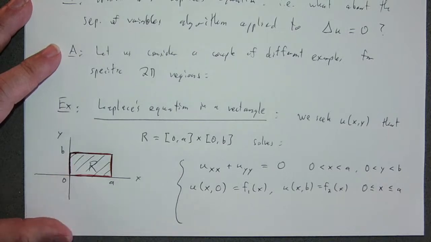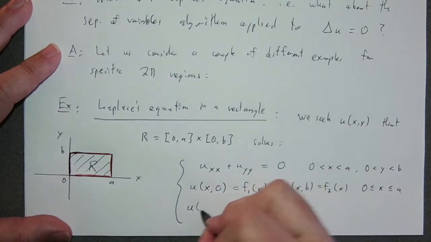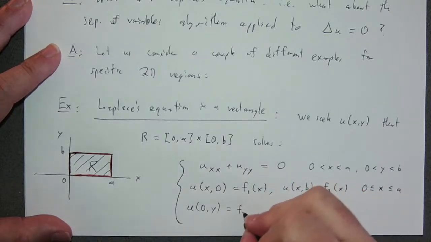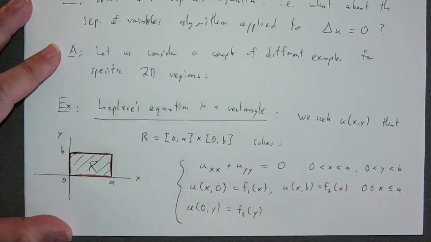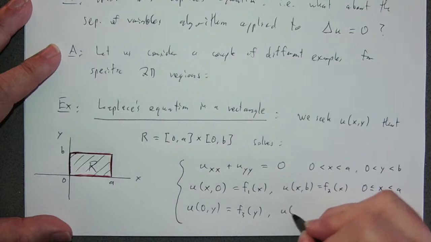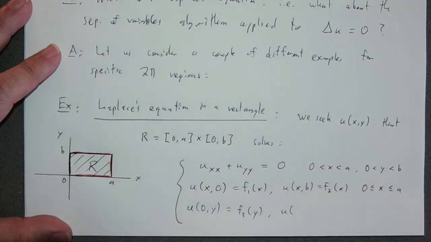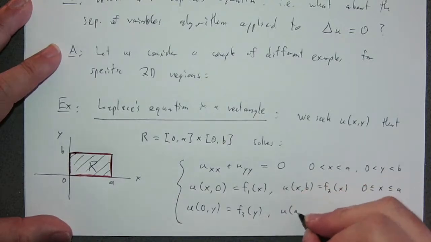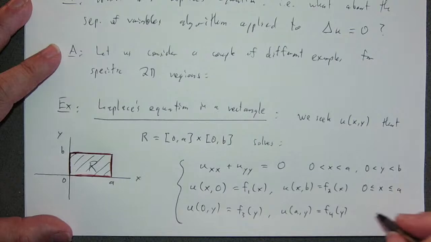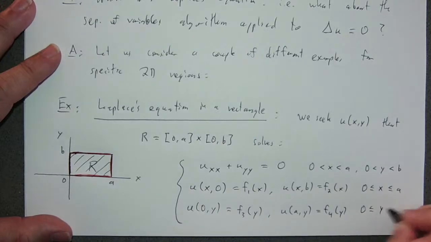And on the left, when x is 0, u of 0, y is some other function of y, f sub 3 of y. And on the right end, so u of a, y, this is some other function, f sub 4 of y, and that's for y between 0 and b.